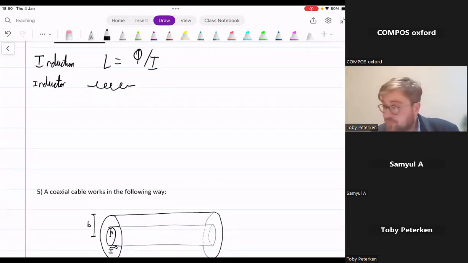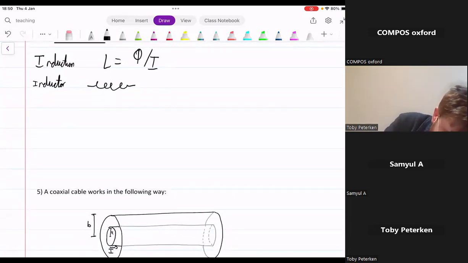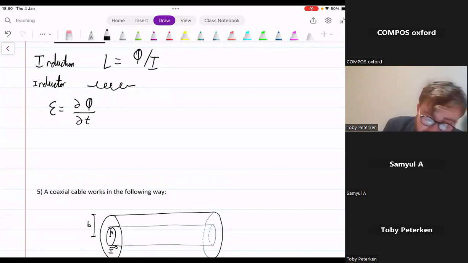And we said the electromotive force is equal to d phi by dt, so the rate of change of flux, and that is equal to L times the rate of change of current.